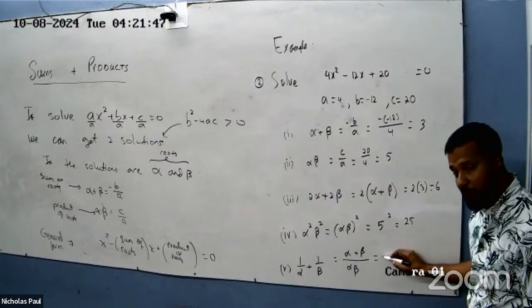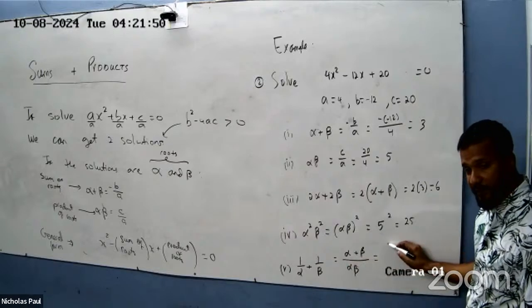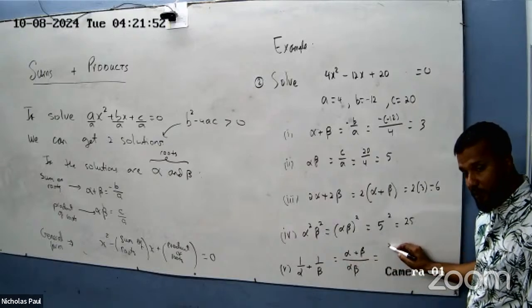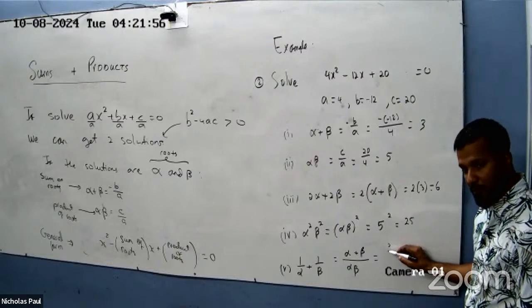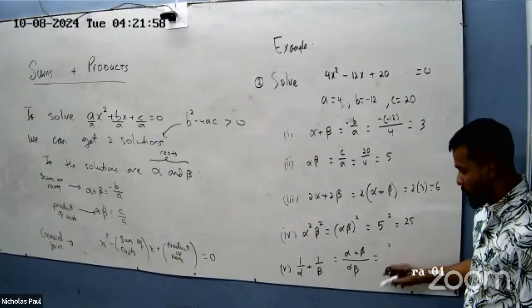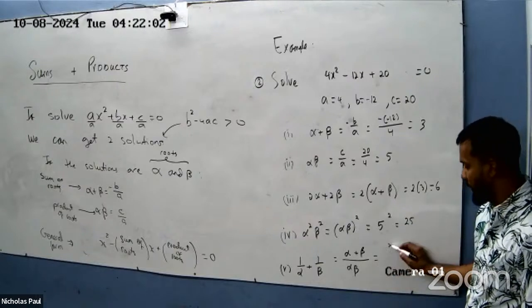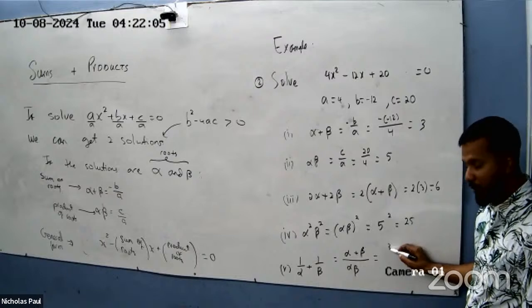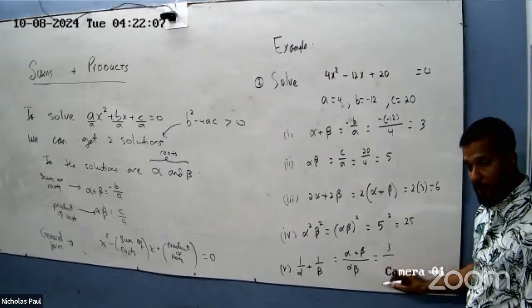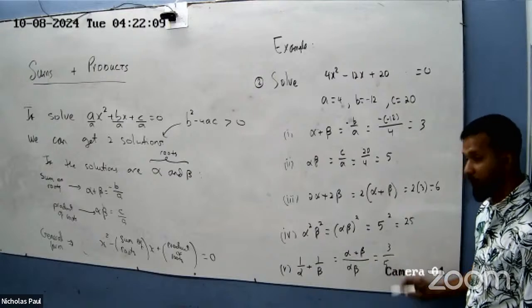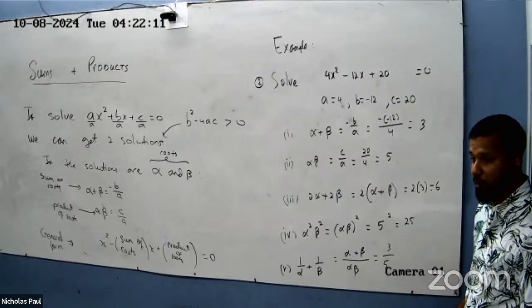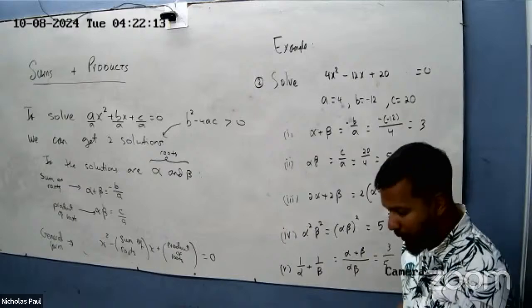And last one, alpha plus beta is... Which is how much? Divided by. That's it. Okay. Right. Let's go again.